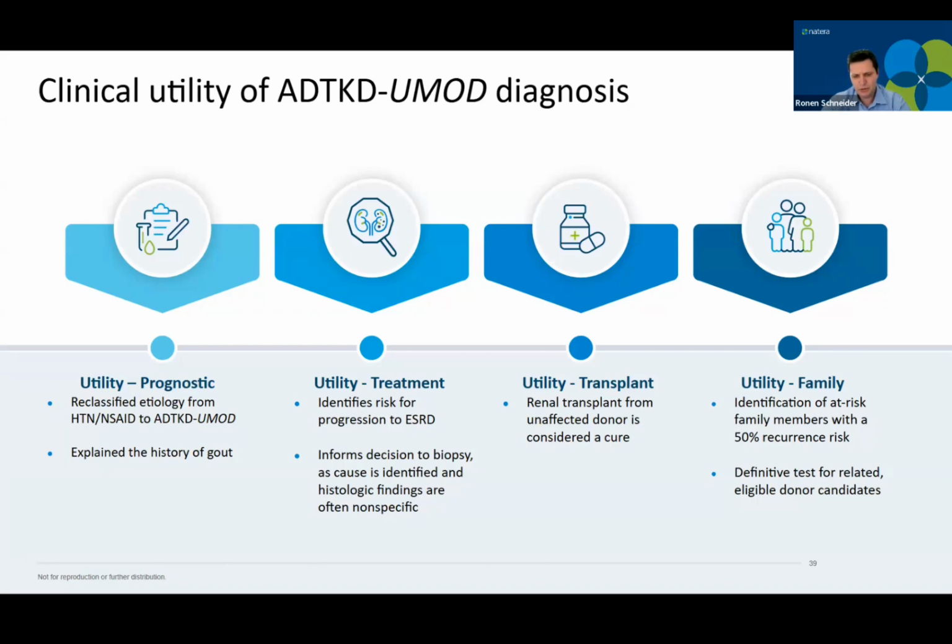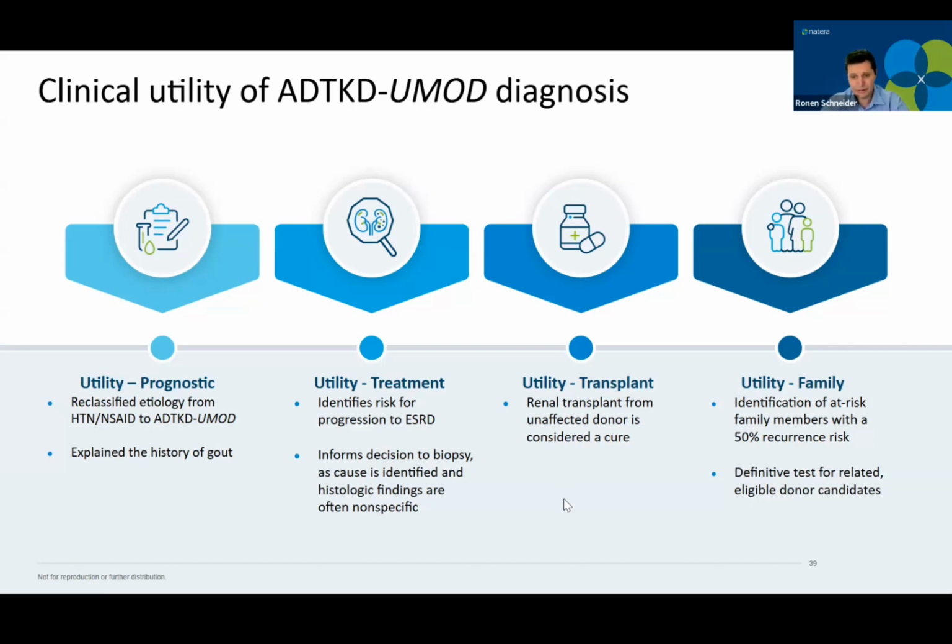And we also ask ourselves, do we need a kidney biopsy here? We know that kidney biopsy is not benign in all cases. It bears some risk. And also in UMOD, the histologic findings are most likely to be non-specific. So we may want to skip a biopsy in this case. We do not have a targeted therapy for UMOD at this time, but there are ongoing clinical trials.